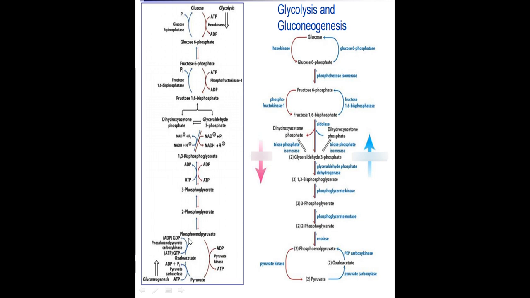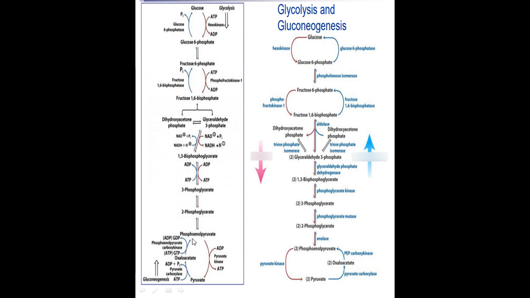This mechanism is substrate level phosphorylation, unlike oxidative phosphorylation, which occurs in the electron transport chain. In gluconeogenesis, ATP is consumed in this reaction.